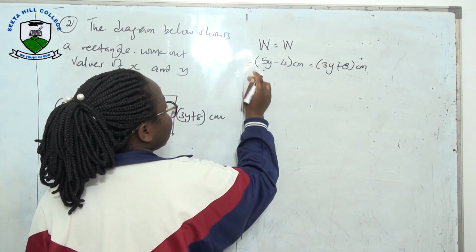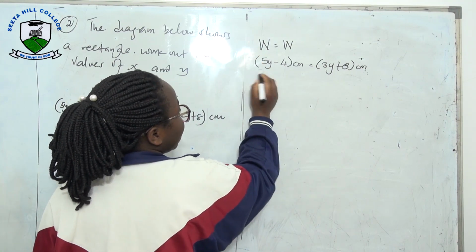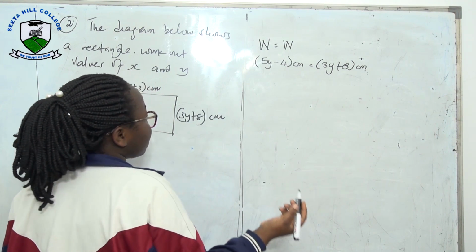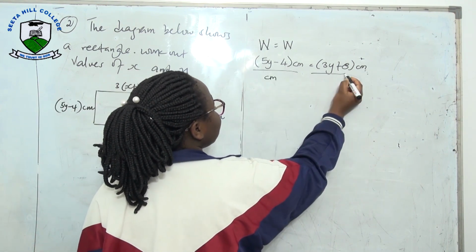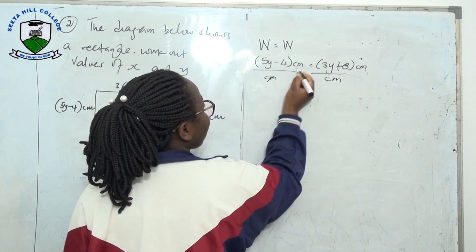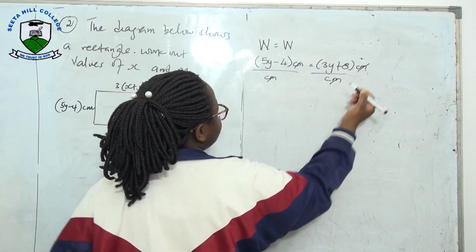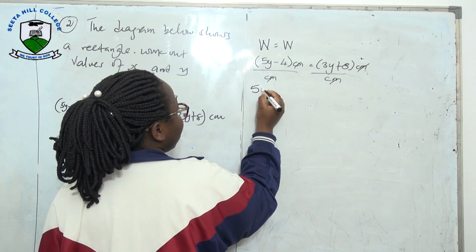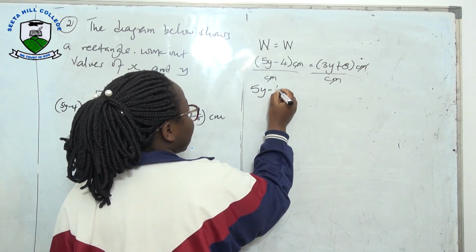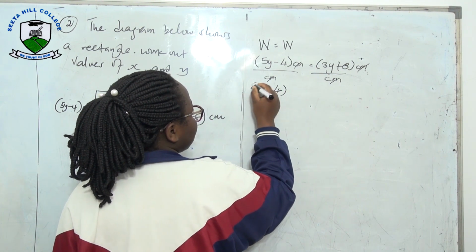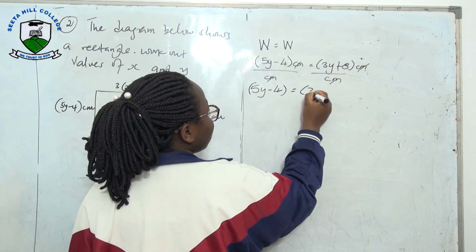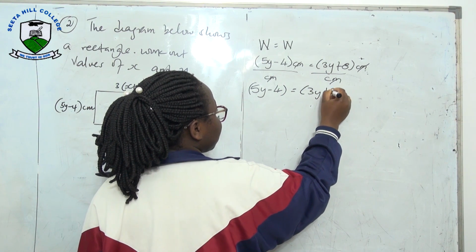To eliminate the centimeters, since they're asking for only y, we shall divide both sides by centimeters. The centimeters and the centimeters will be cancelled, so we shall remain with 5y minus 4 is equal to 3y plus 8.